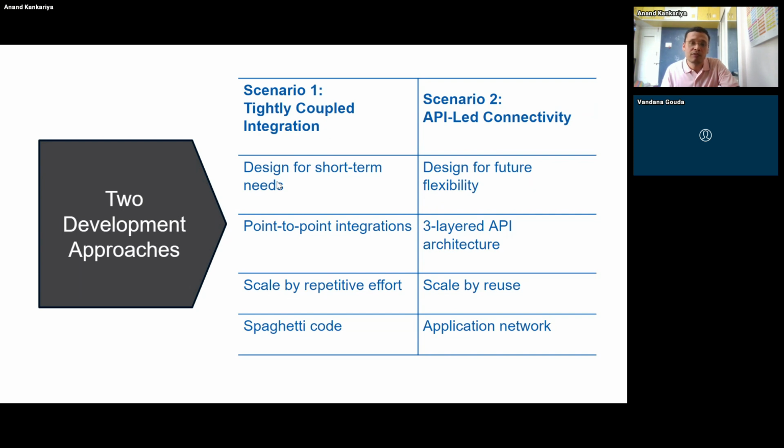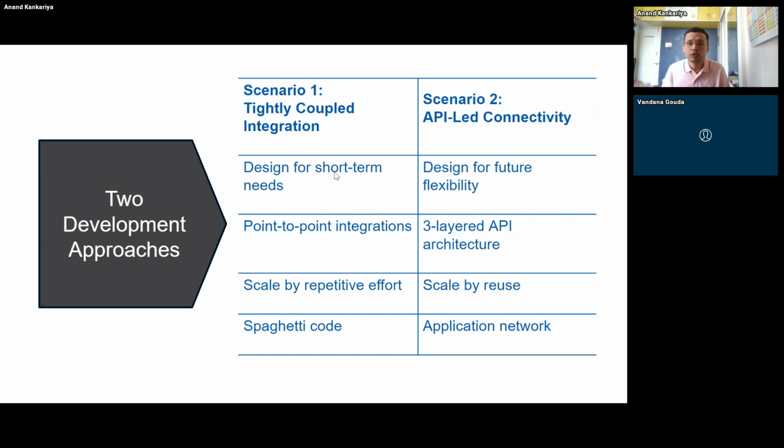It's designed for a short-term need, and the customer does not want to spend too much on development at the moment, then it's recommended to go with the tightly coupled integration, because it will be quickly delivered. But when we say that, we have to see what next development could be coming up.